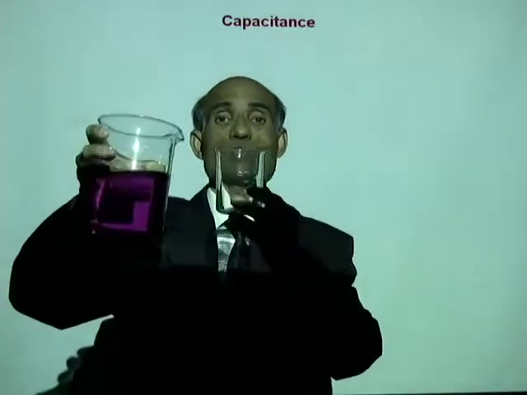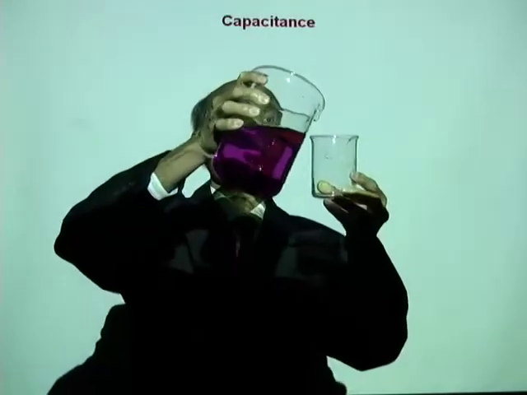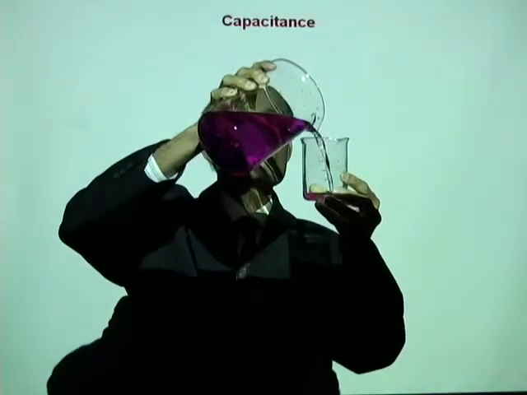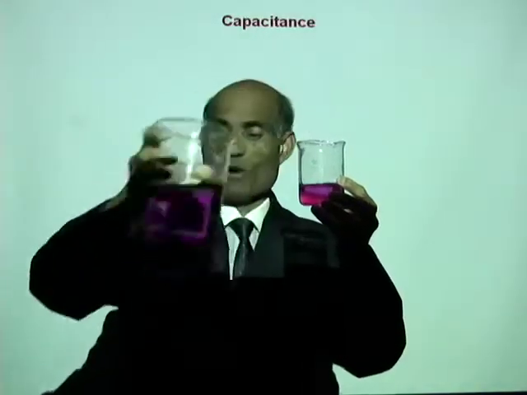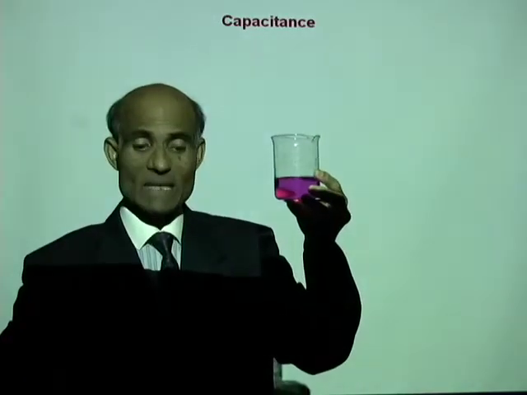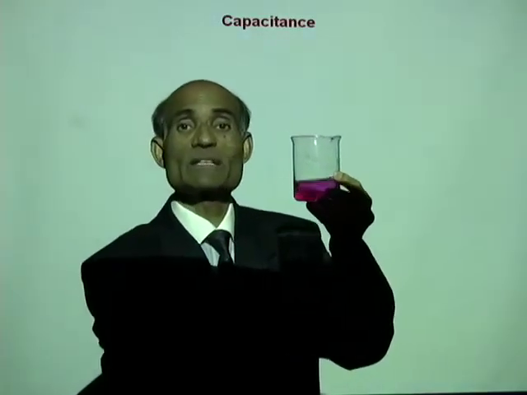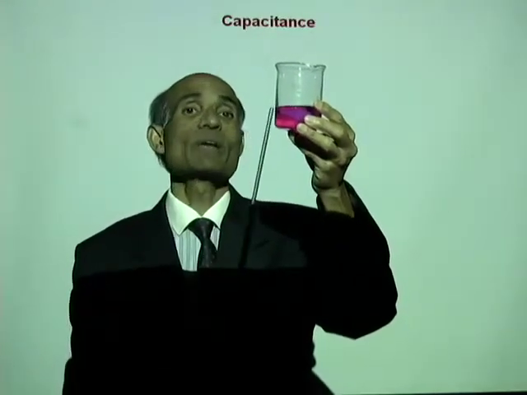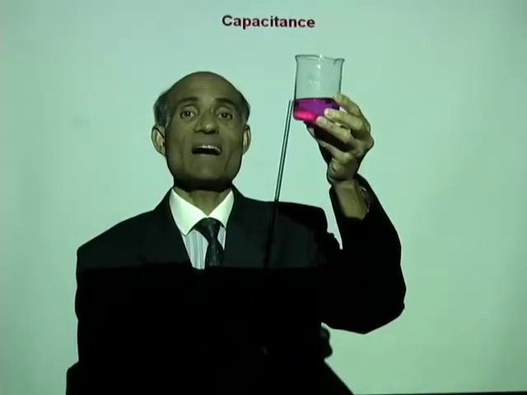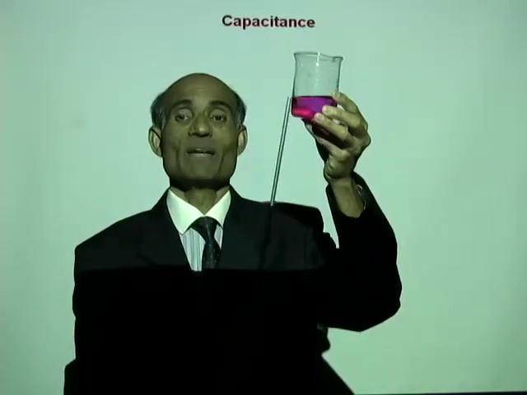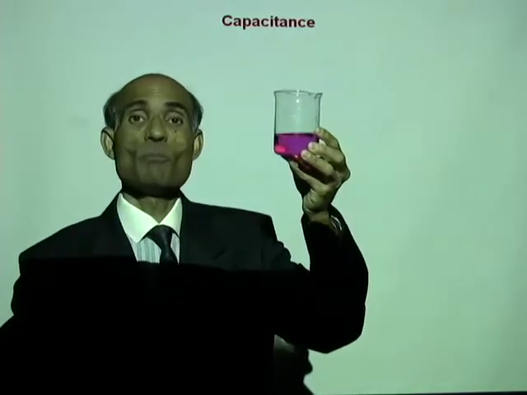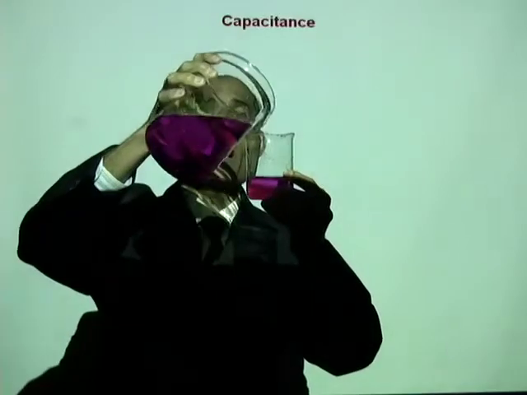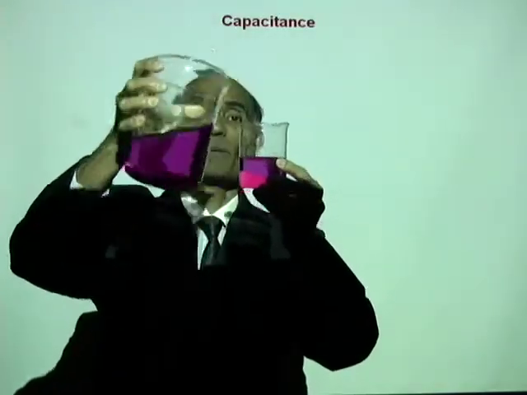When I pour some liquid into this container, the height of the liquid in the container increases. Now, when I poured liquid into it, its height is now this much. Now, if I pour more liquid, the height increases.